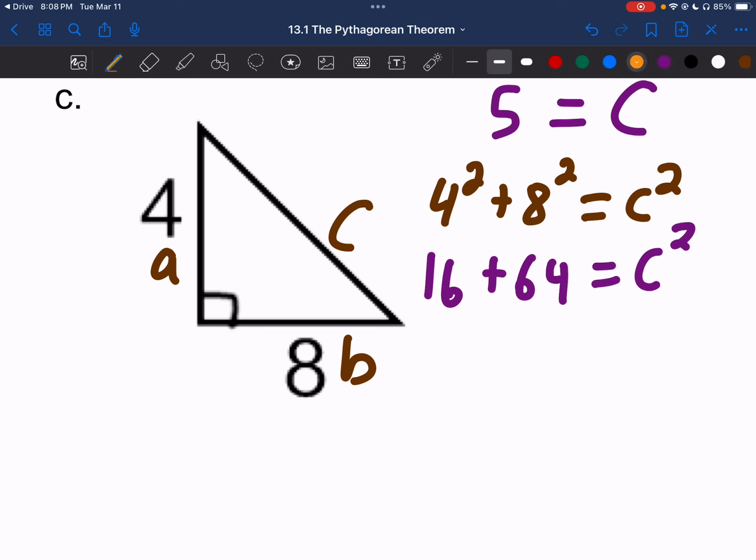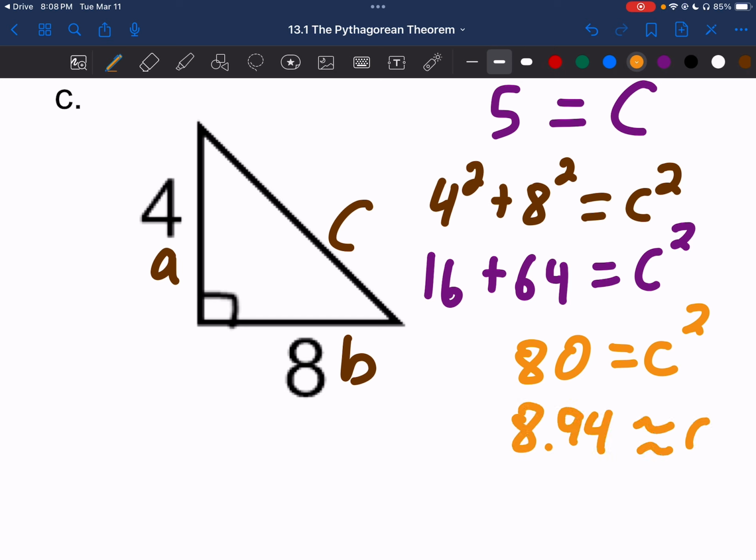So 80 is equal to c squared. And when we take the square root of 80, we're going to get 8.94, approximately equal to c. So we're rounding that off. It would be 8.944271191, so we're just going to round it off to 8.94.